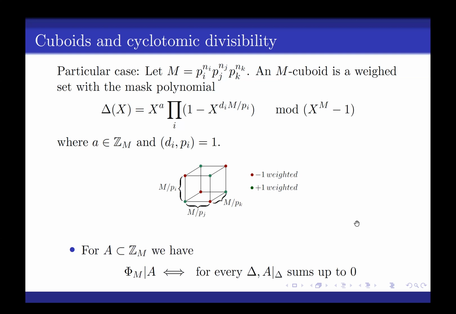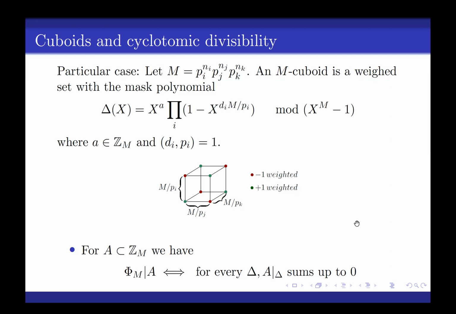Okay, so just waving my hands explaining why this makes sense, I want to draw your attention to the mask polynomial of this m cuboid, delta. If you take a quick look at that polynomial, you'll see that it factorizes. The cyclotomic factors of that polynomial actually include all the cyclotomic factors which correspond to a divisor of capital M, but phi m itself.